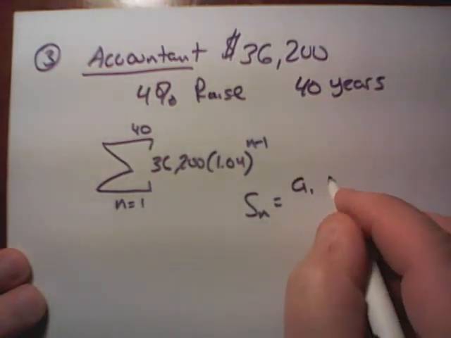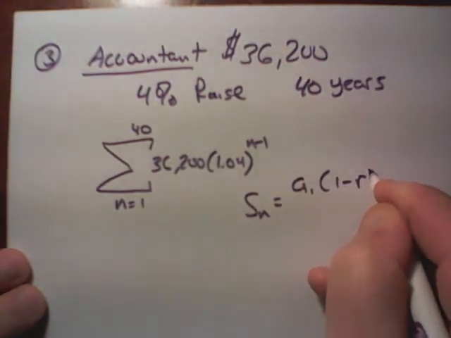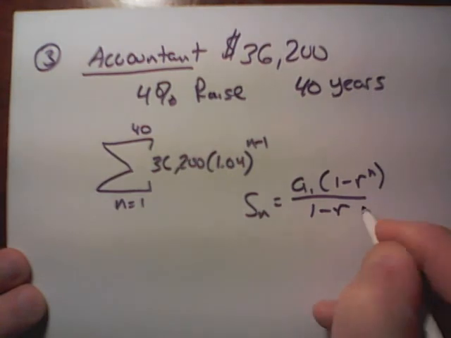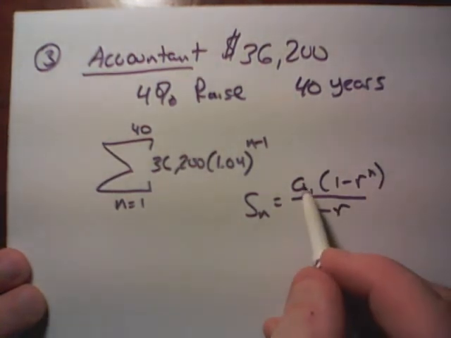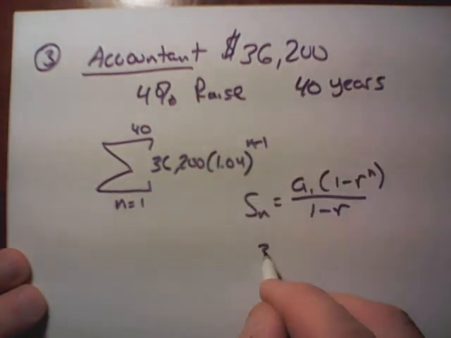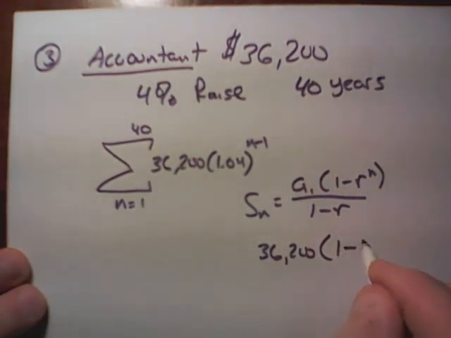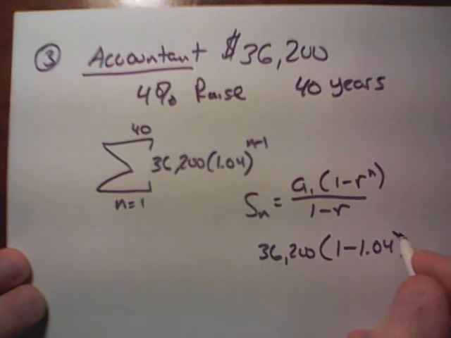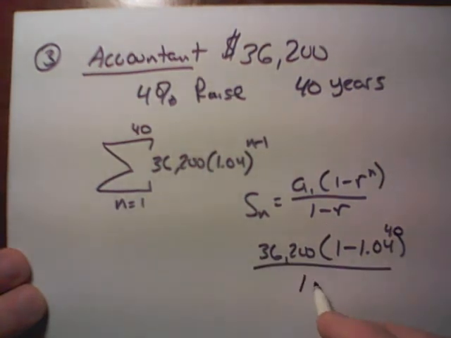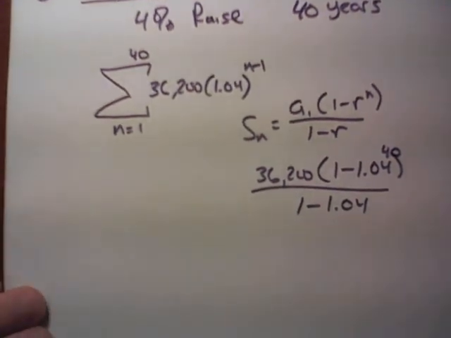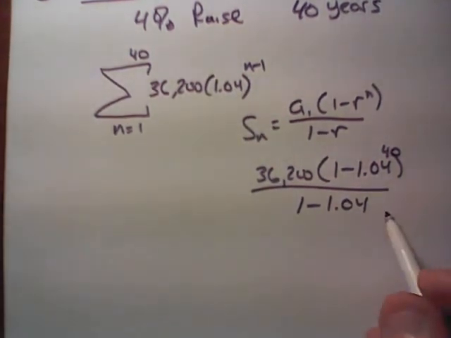Using our summation formula, it's a sub 1 times 1 minus r to the nth power over 1 minus r. So our first term, in this case, is 36,200. We're going to multiply that times 1 minus 1.04 to the 40th power over 1 minus 1.04. And so now it's just a matter of calculating this.